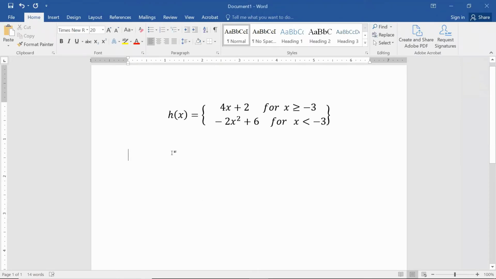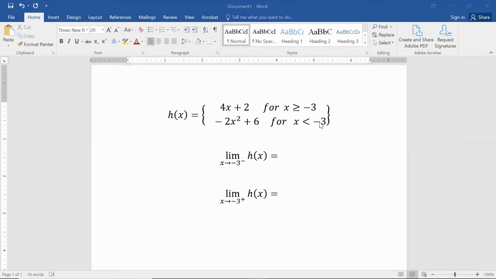So how are we going to figure out if this function is continuous or not at -3? I know it's continuous everywhere else. Well, we're going to look at both the left-hand and the right-hand limits. So we have to go back to what we did earlier, and that was look at left-hand limits and right-hand limits. The left-hand limit, if you remember, is traveling towards -3 from values that are underneath.